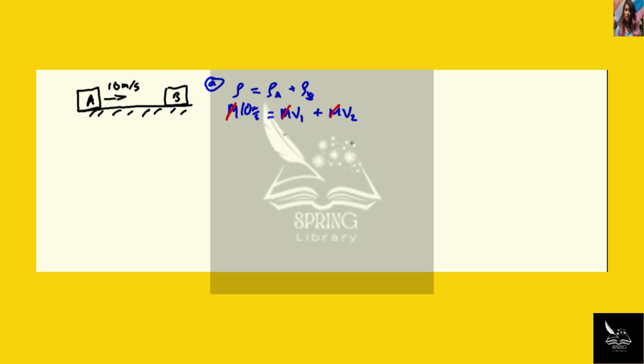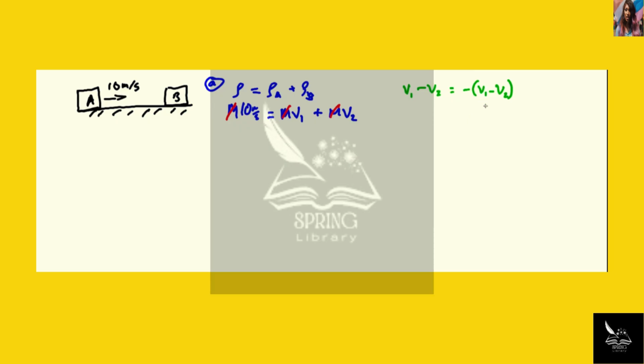Now we also know from our text and from the collision equation, when we have a perfectly elastic collision, that v1 minus v2 after the collision is going to be equal to minus (v1 minus v2) before the collision.